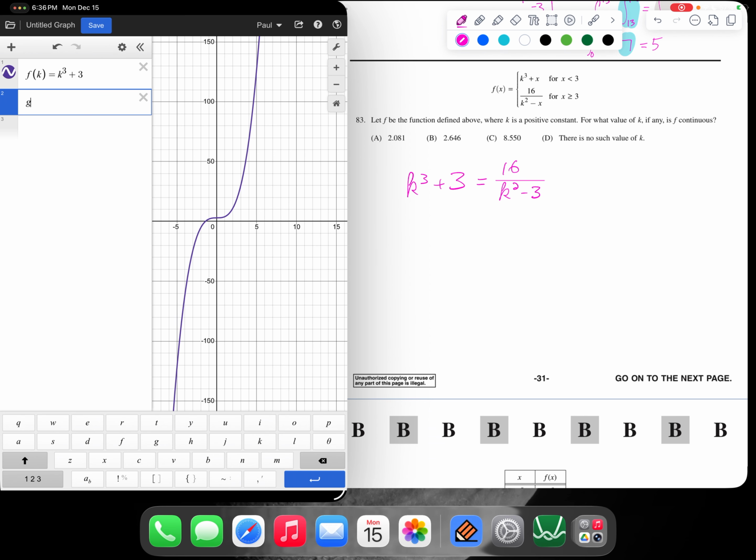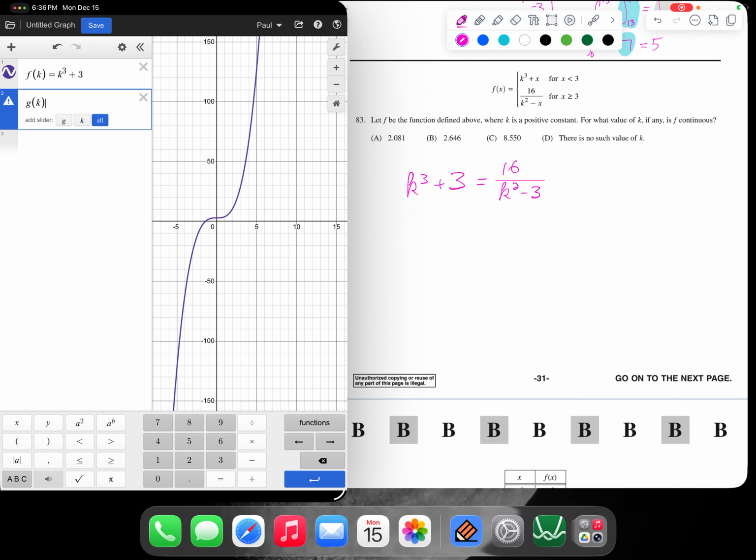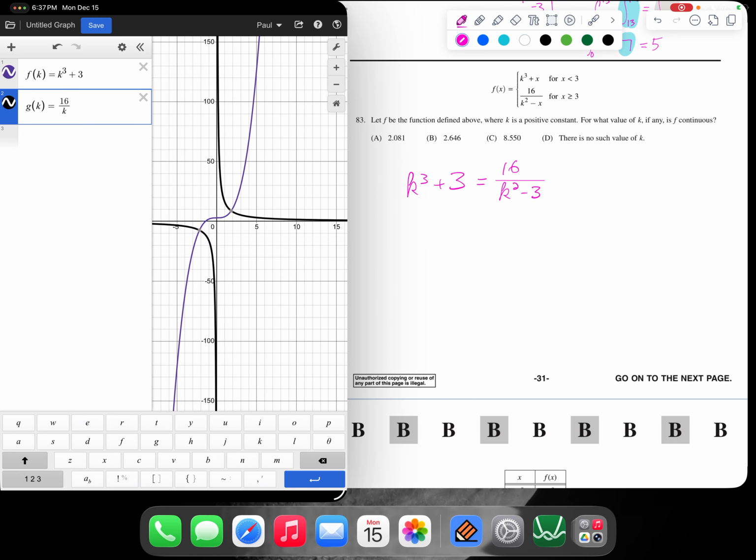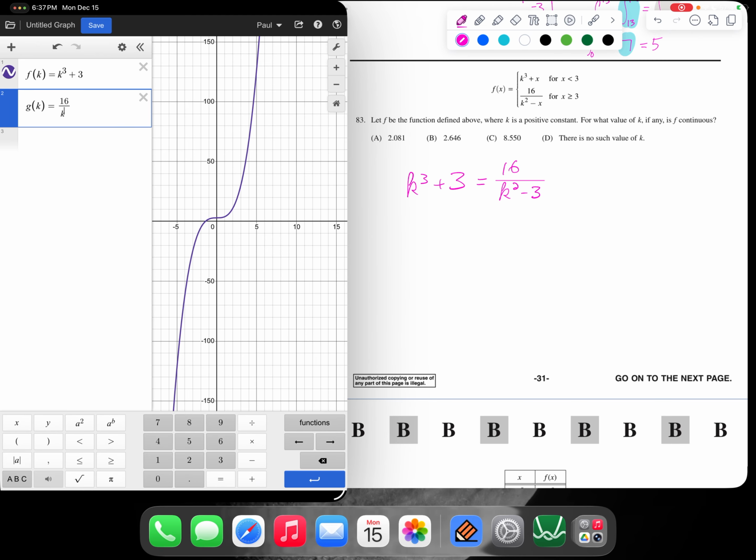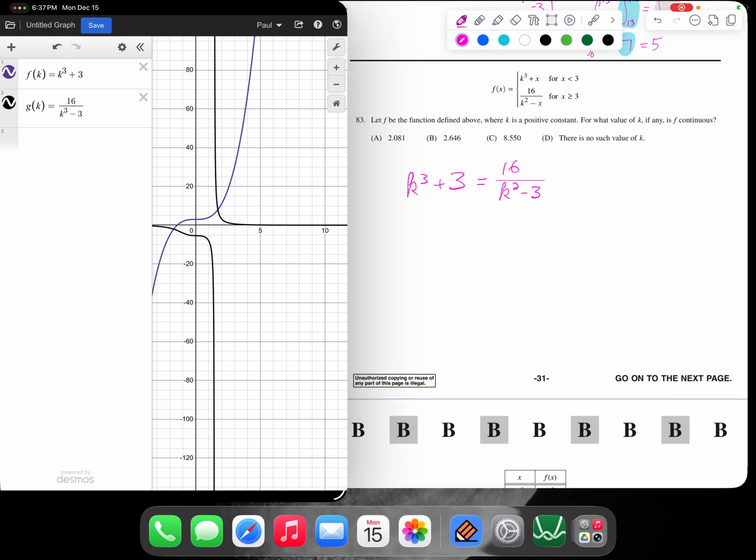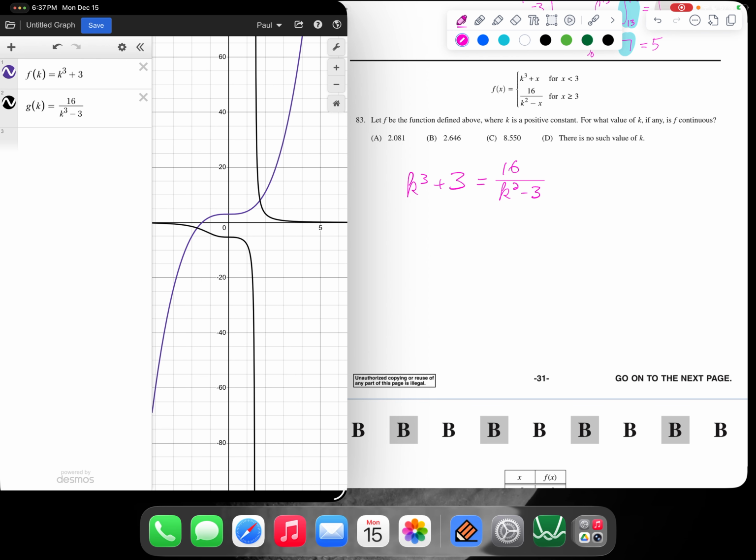Then I'm going to put g of k is equal to, put in the fraction bar first, put in the 16, go down there to the bottom, 16 over k cubed minus 3, and I'm going to see where, if anywhere, these functions intersect.